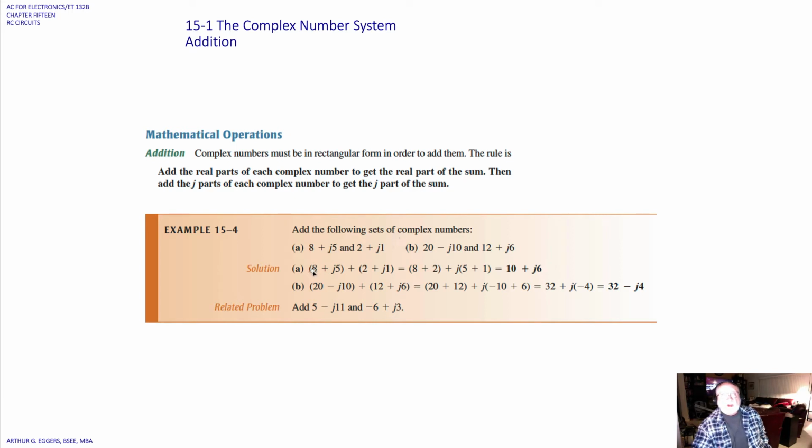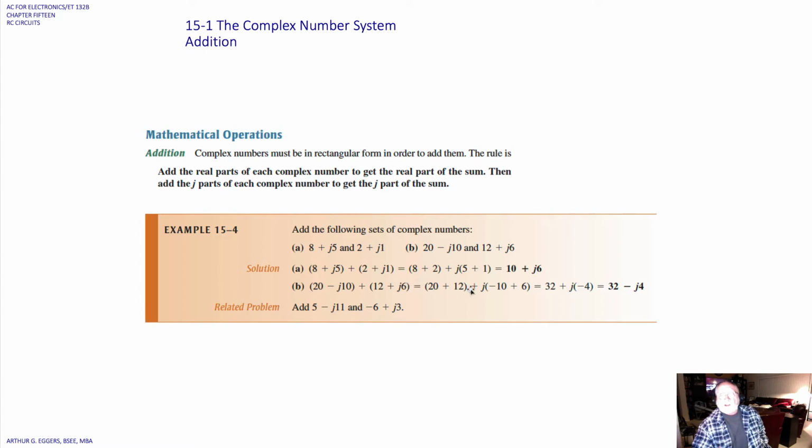So 8 plus 2, j5 plus j1, which we can see in the second step. 8 plus 2 is 10, j5 plus j1 is j6. So that one's pretty simple. For the second one then, 20 plus 12, minus 10 plus 6.